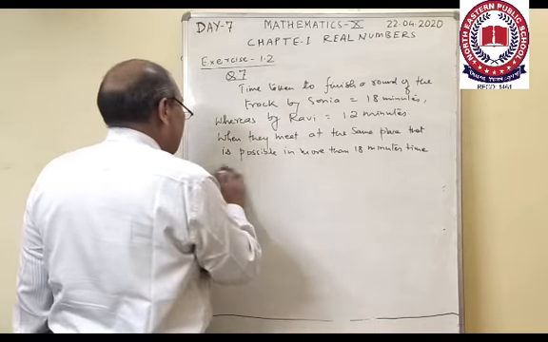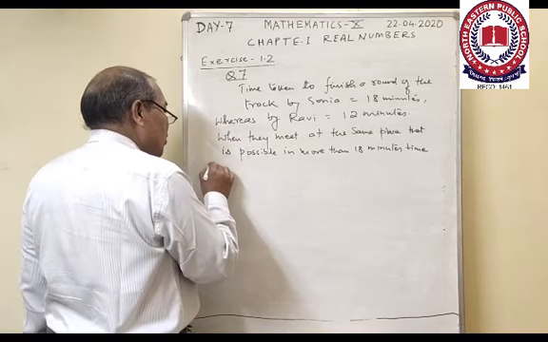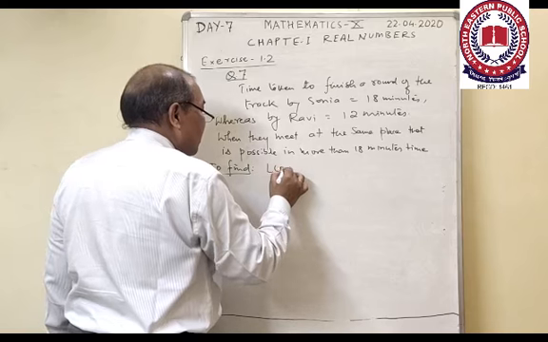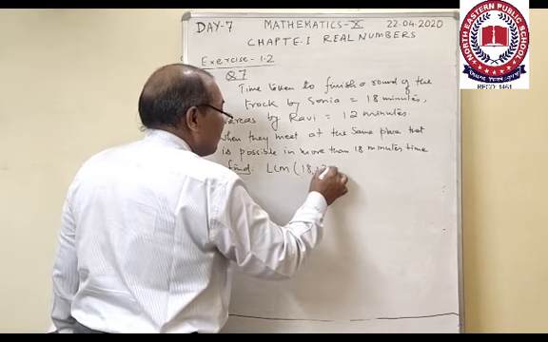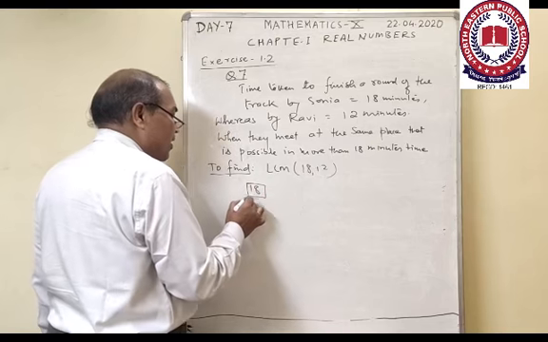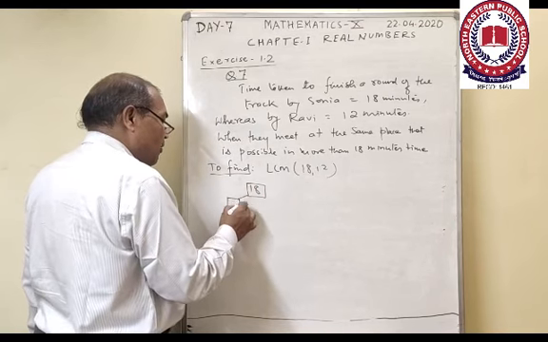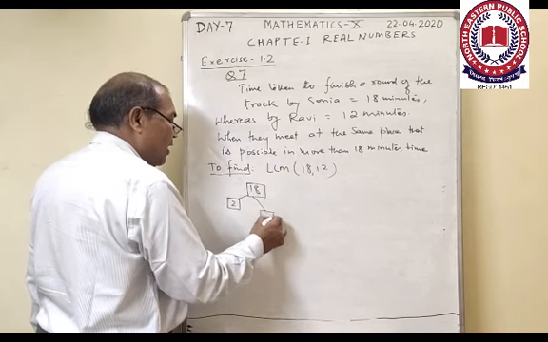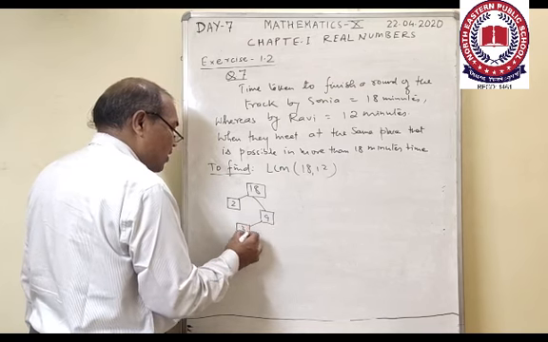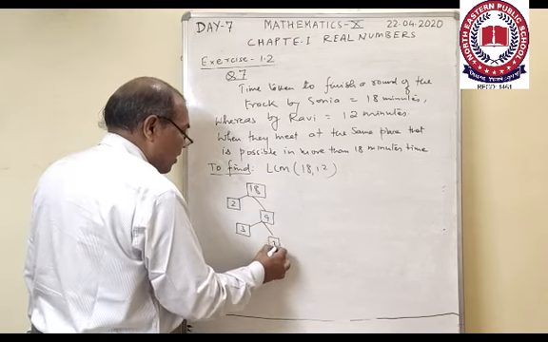So here we can write, to find the LCM of 18 and 12. For this we can see the factors of 18. It's an even number, so the prime factor will be 2, it divides 9 times. Then 9 is not an even number, it's odd, so we can divide it by 3 twice.